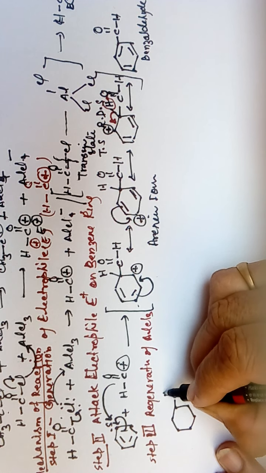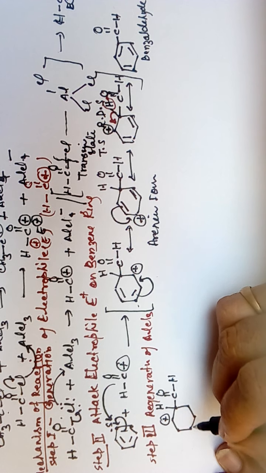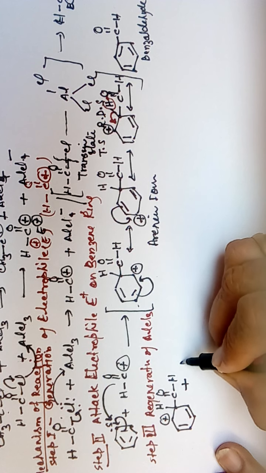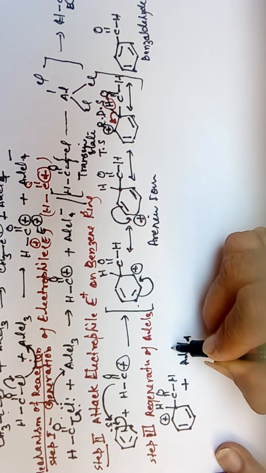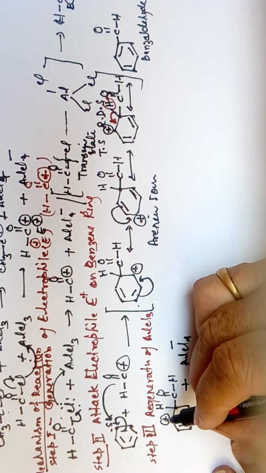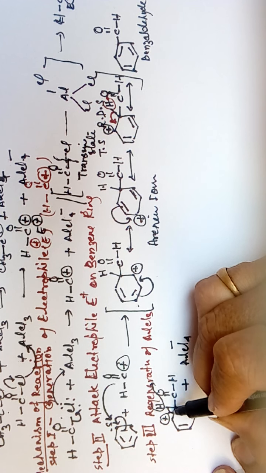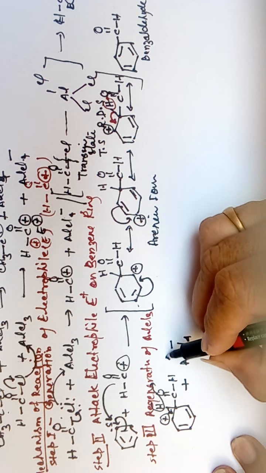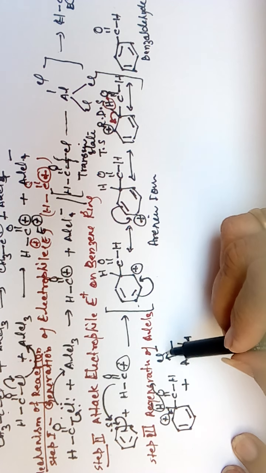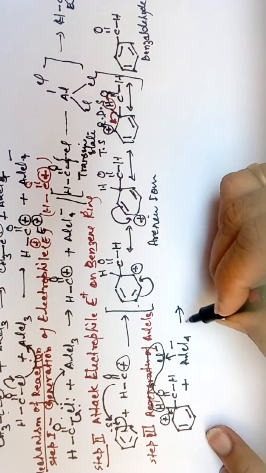Here C double bond O H, and here a hydrogen is present, a positive charge is here, and a double bond is present here and a double bond. When AlCl4 minus comes in contact with this structure, to neutralize this positive charge, a hydrogen is released from here and forms a double bond here, and from AlCl4 minus a Cl minus is released out, and this H and this Cl minus form HCl.